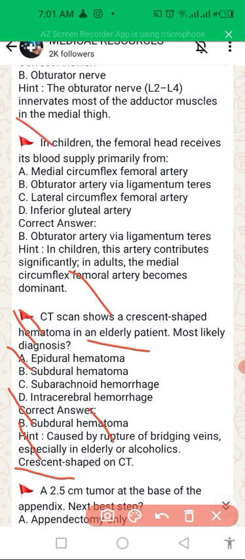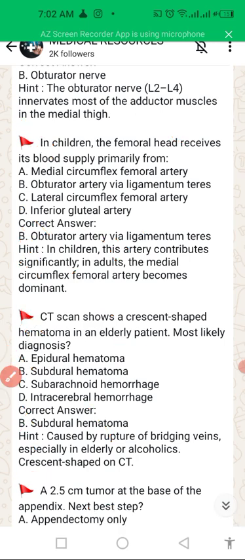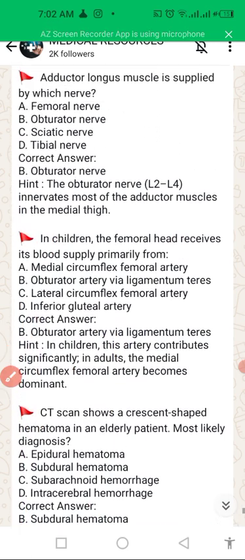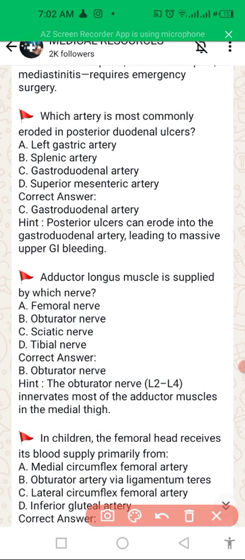In children, the femoral head receives blood supply primarily from which artery? That is obturator artery via ligamentum teres in the children. Contributes in the adult, and the medial circumflex artery, ligamentum teres. Adductor longus muscle supplied by which nerve?